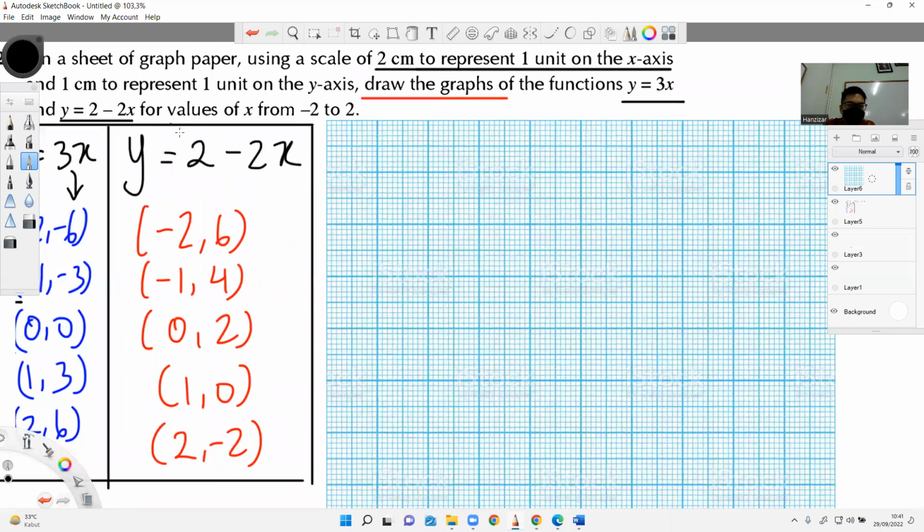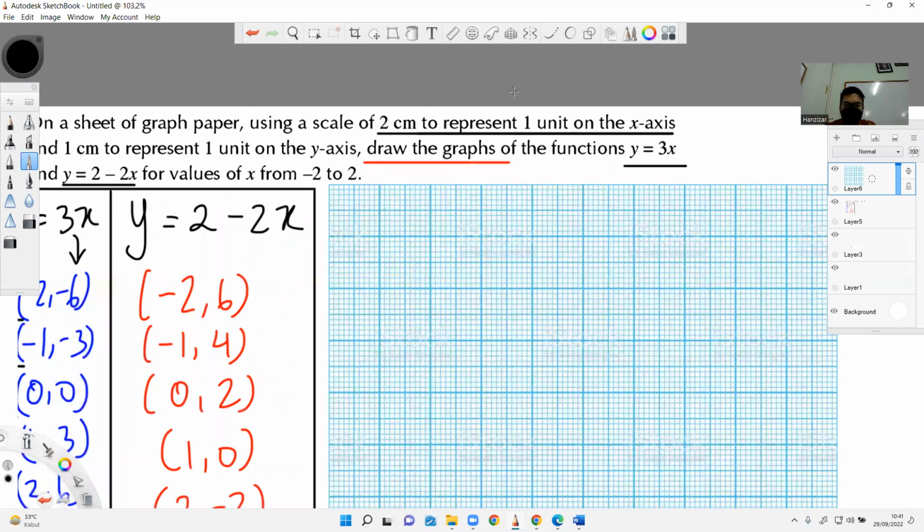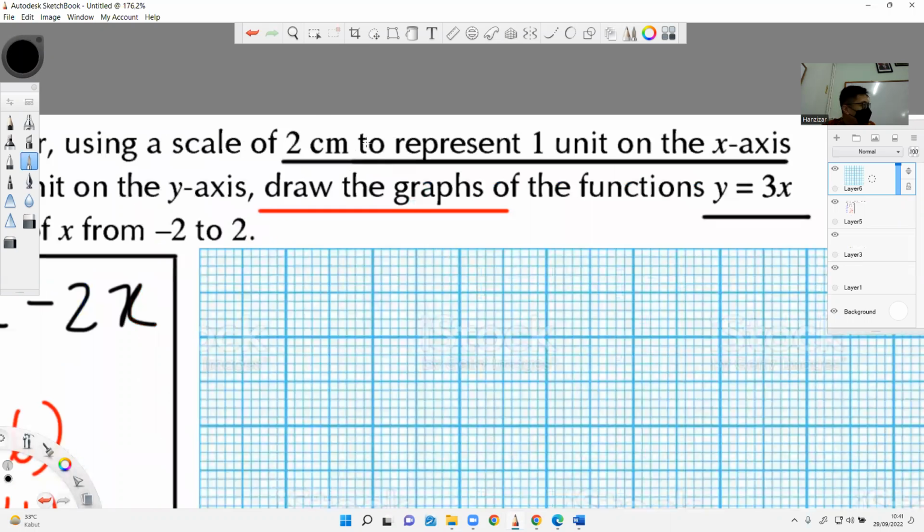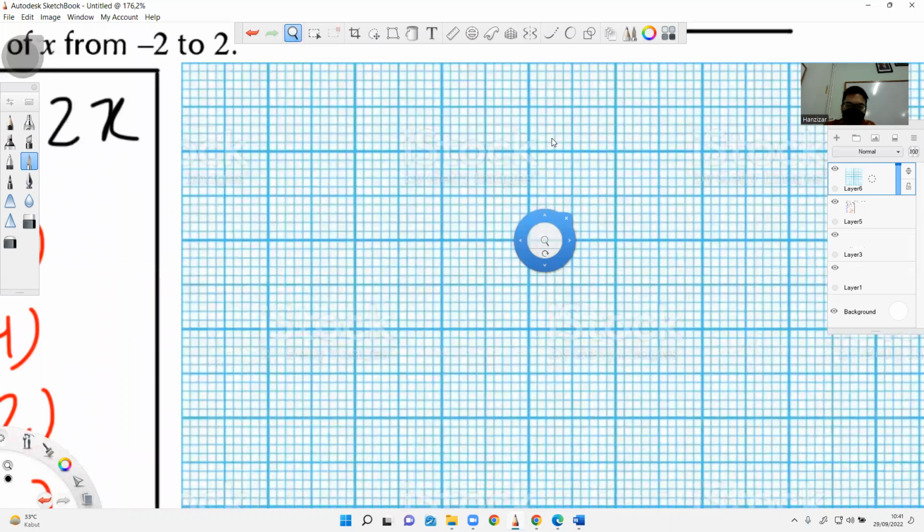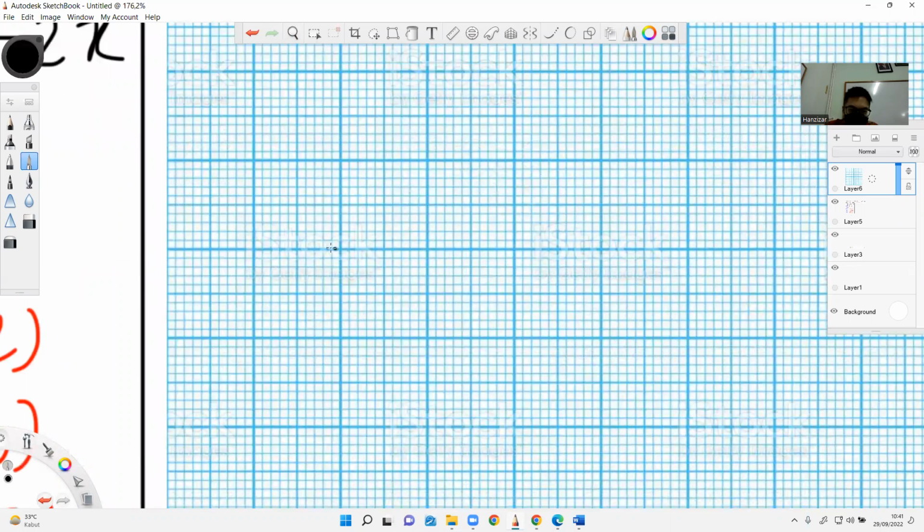The X is -2 to 2. 2 cm represent 1 unit. Lihat ya, 2 cm represent 1 unit on the x-axis. Jadi 2 cm 1 unit, taruh aja. So this is the -2, let's say. Oh, dia agak bawah ya. 2 cm ya, 1, 2, 1 unit.